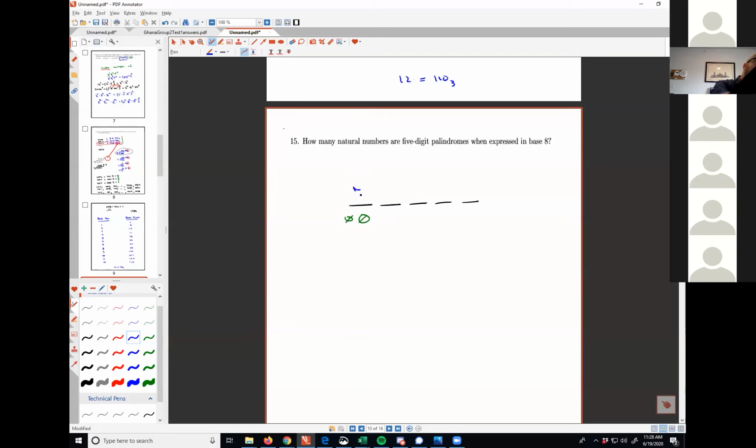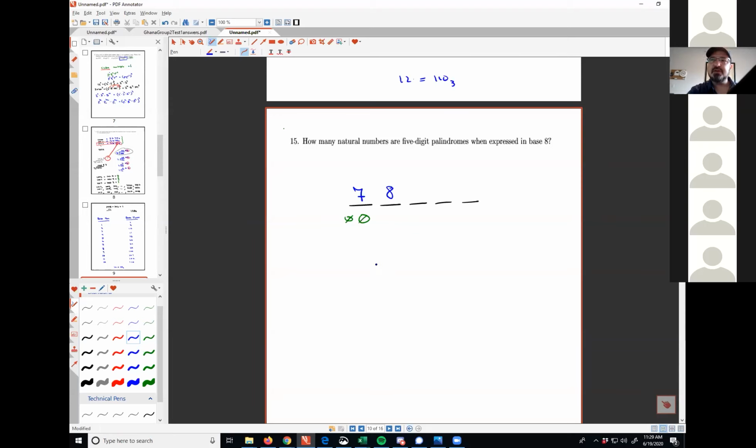So there are 7 ways to choose the leftmost digit. And then how many ways are there to choose the next digit? 7. And this time there are 8. This time we are allowed to use 0. We're allowed to use 0, 1, 2, 3, 4, 5, 6, or 7. That's 8 possibilities.